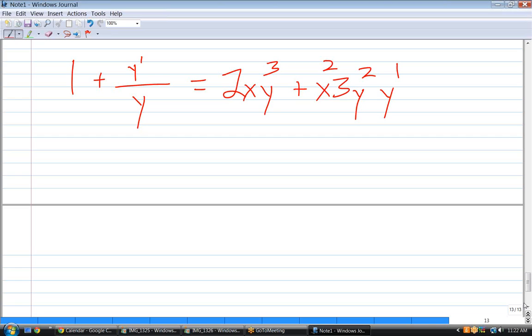Which terms are going to be on my left? The y prime terms. So how do I get all the y prime terms on the left, everything else on the right? Would you move the y prime from the right side first? Yeah, and then I'm going to move this 1 over to the right. But there's a term that's got y prime in it, so I got to leave it on the left. Minus, now I'll put the 3 in front.